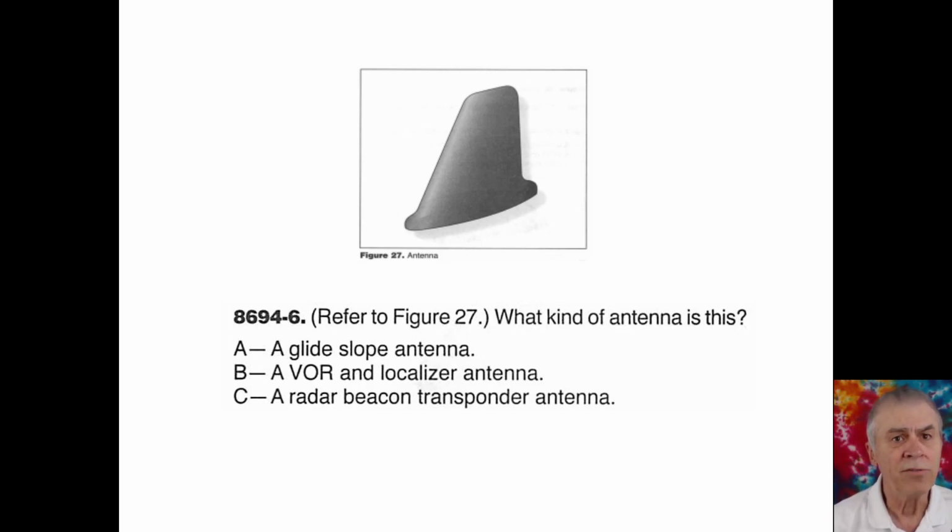That eliminates the VOR and the localizer. Glide slope is also horizontal, the one that looks like a tongue. So it's got to be radar beacon transponder. Not all transponders look like this, but this can be a radar beacon transponder antenna, mostly by eliminating the other two.